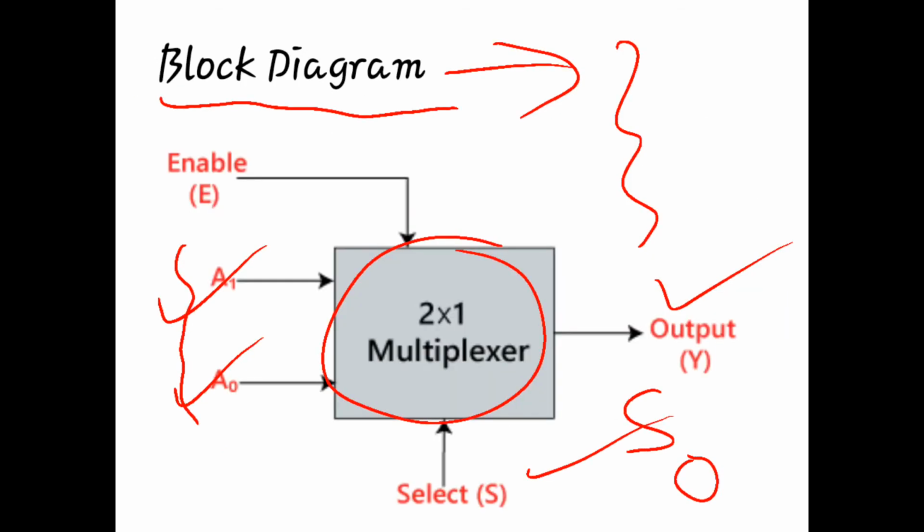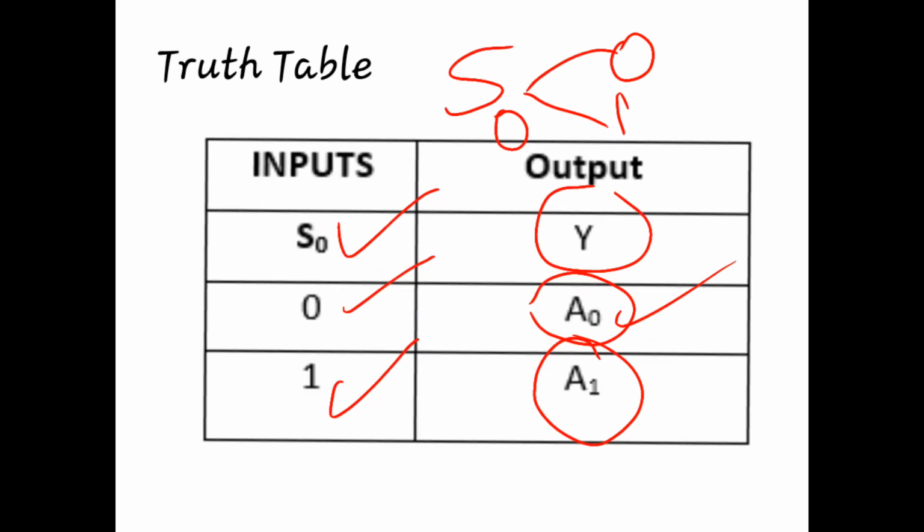So this is the block diagram. This is the truth table. So this truth table is basically nothing but the selection of inputs with respect to the select line values.